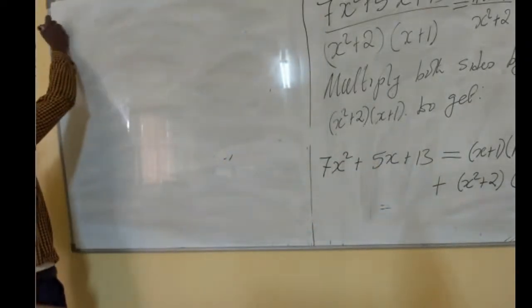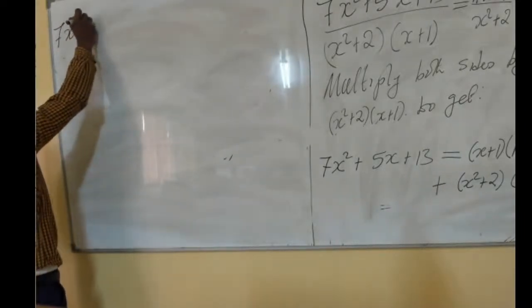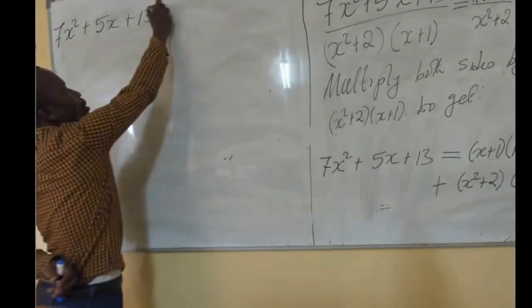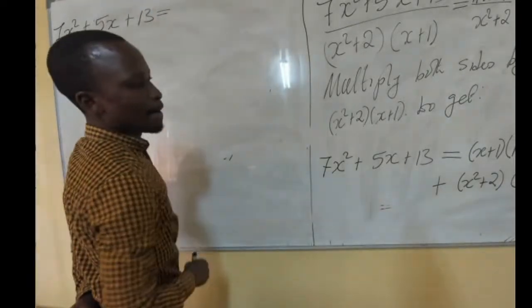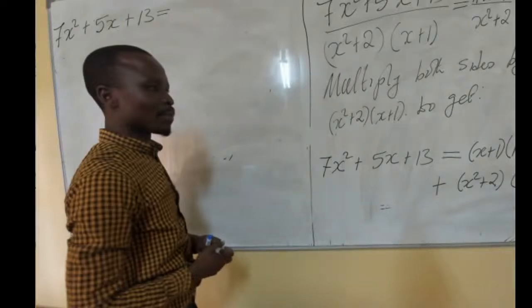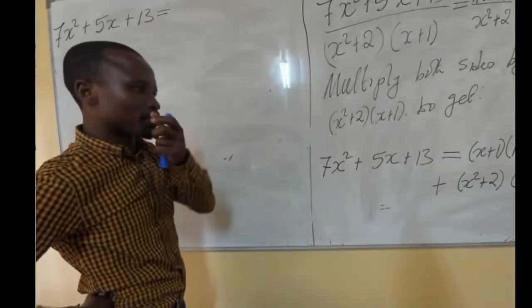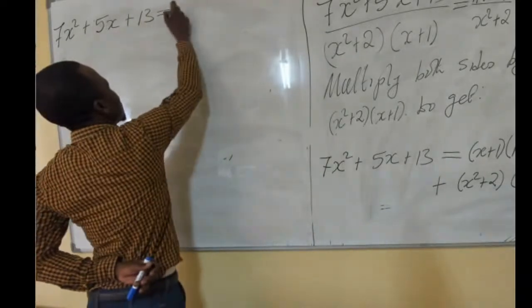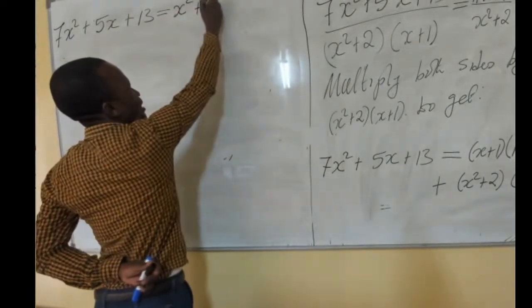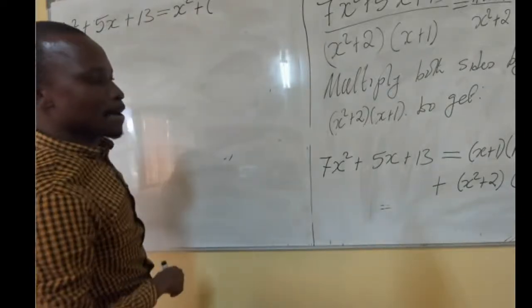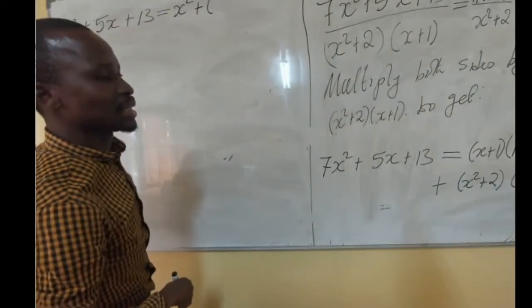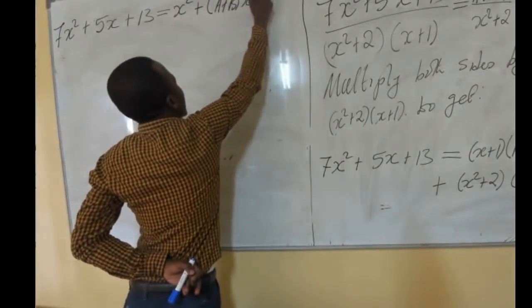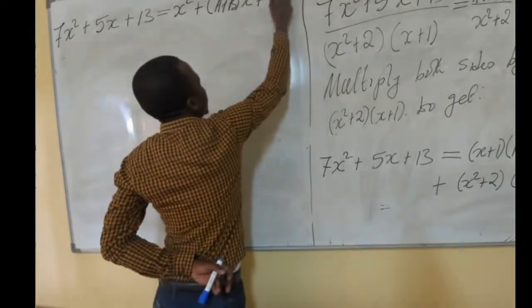So we have 7x squared plus 5x plus 13, which will give us, if we multiply x plus 1 times ax plus b, ax squared plus ax plus bx plus b.